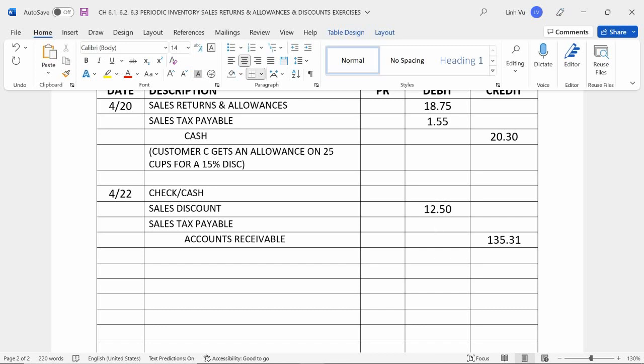How much sales tax do I have to give back from off of $12.50? $1.03. So how much money should I be receiving from customer B? $121.47.